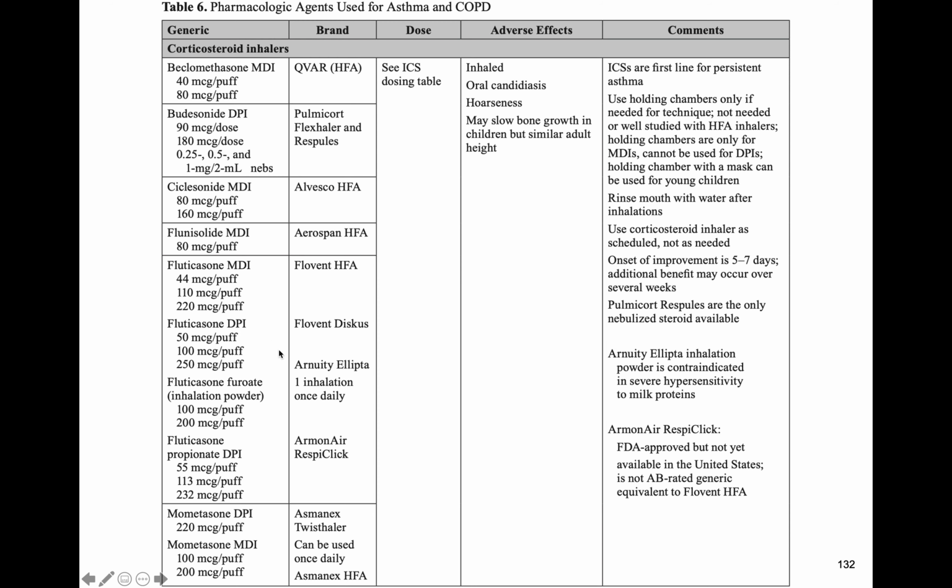So if you've started a patient on a medication, make sure that they bring it with them to show you, and ask them to show you how they're taking it. And you need to be able to assess how they're doing it to determine whether it's effective or not.